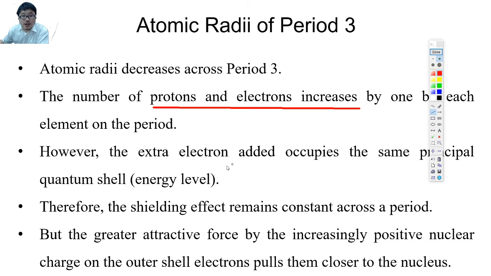However, when the electrons increase, the same electron shell remains at electron shell number 3. Therefore, shielding effect remains constant.